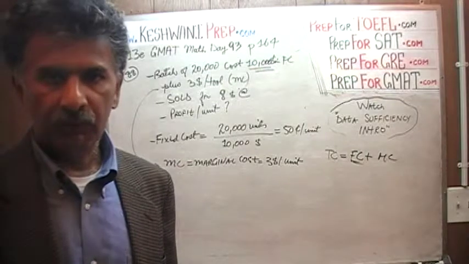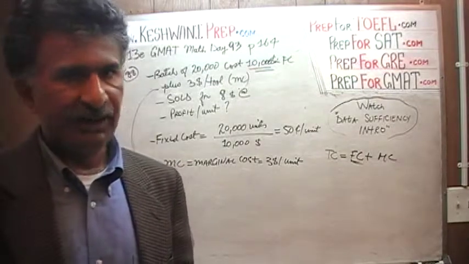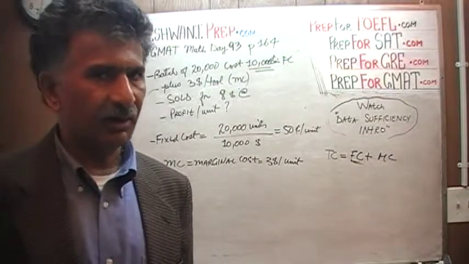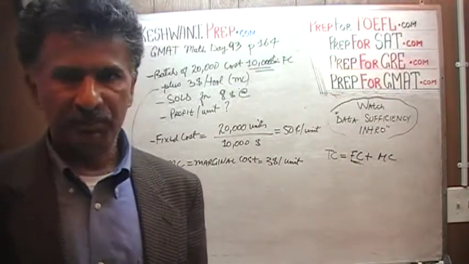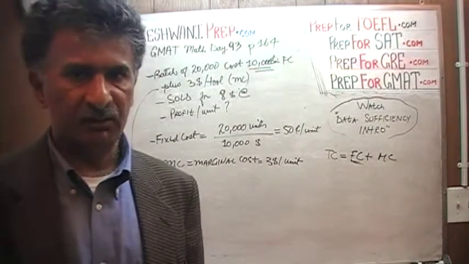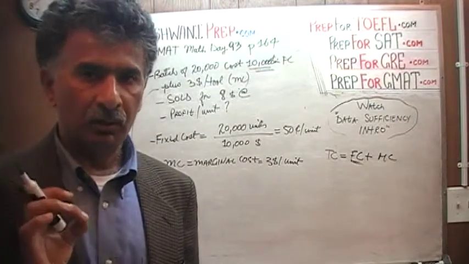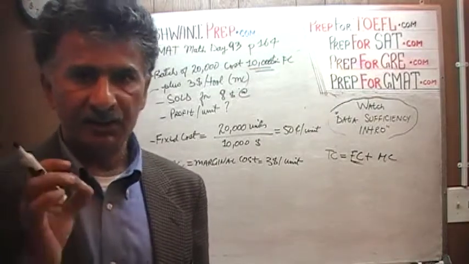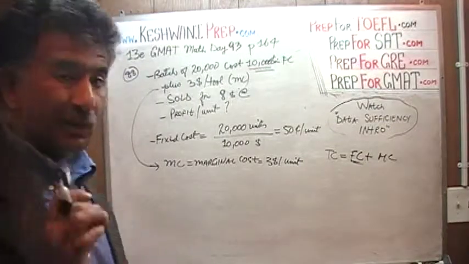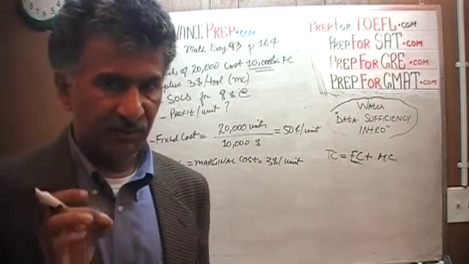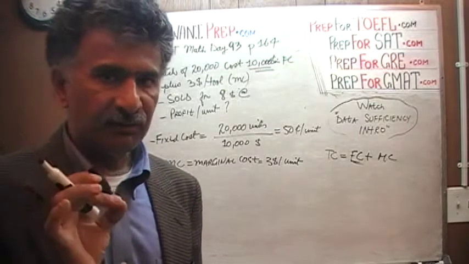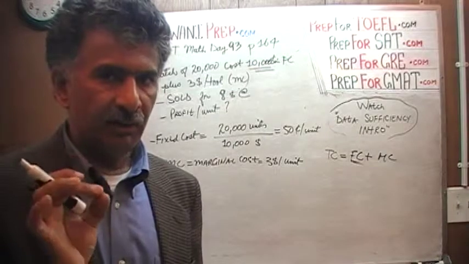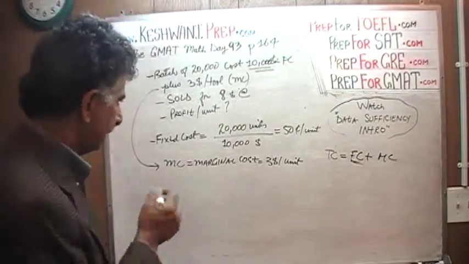You may have a fixed cost, maybe the rent, maybe the license fee, or some other fixed cost, which is fixed regardless of how many you make in a batch. Even if you make just 2 units in a batch, it will still cost you $10,000 to run the so-called batch. But if it's going to cost you that much, you're going to run the entire batch of 20,000 units. So the fixed cost per unit is 50 cents. In addition to that, it costs $3 additional per unit, which is your marginal cost.